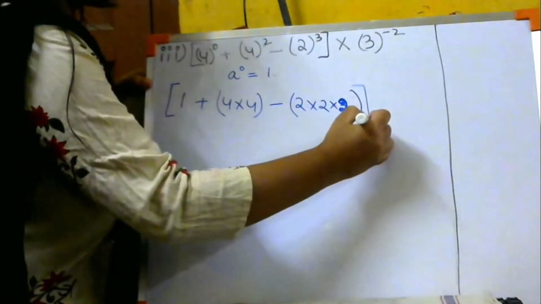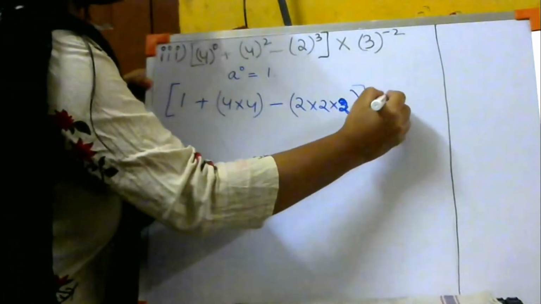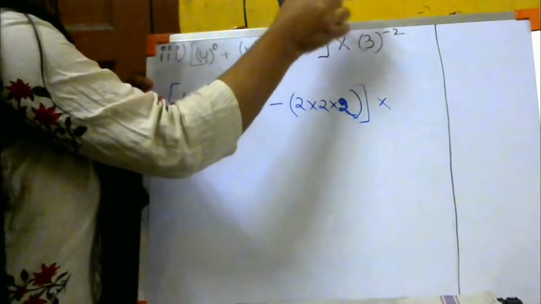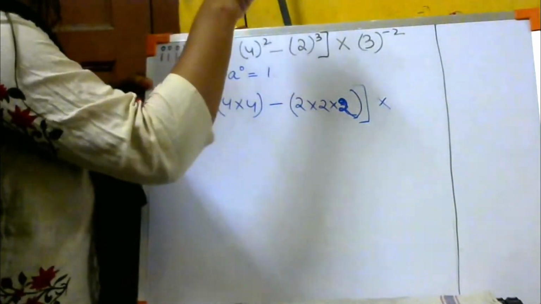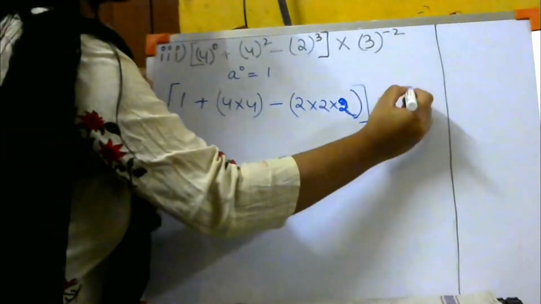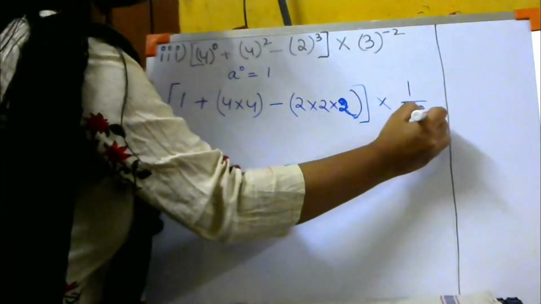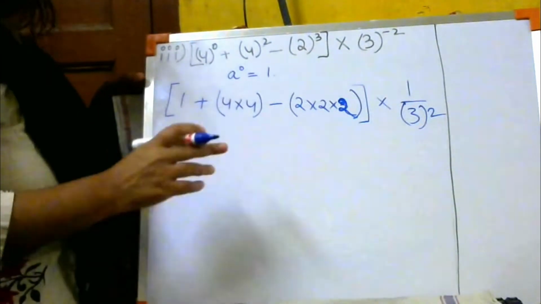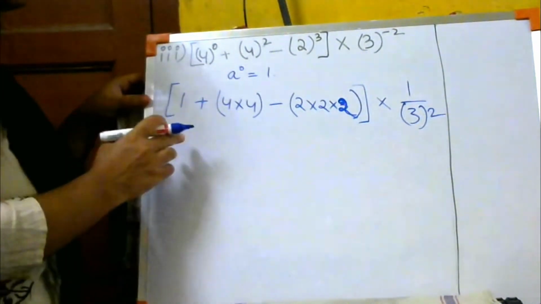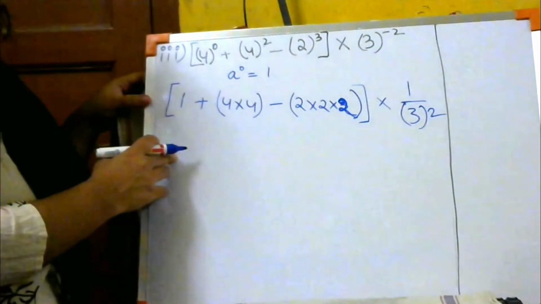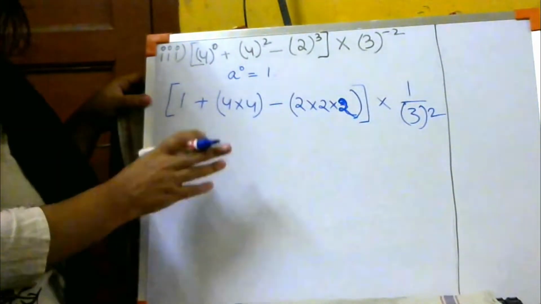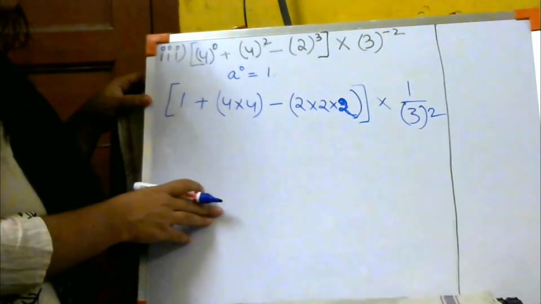So this was inside the square bracket, into, outside the square bracket, 3 to the power minus 2. Again, a to the power minus m equals 1 by a to the power m. So 1 by 3 to the power 2. Every time I will not repeat this. This is just for the beginning I am repeating. After this I am going to start solving the sums. You people should know what ma'am is using over here.